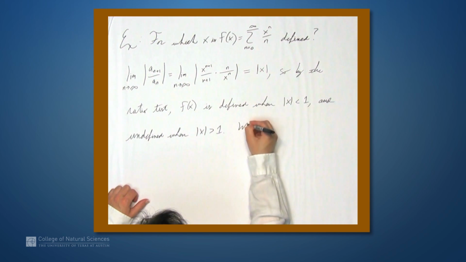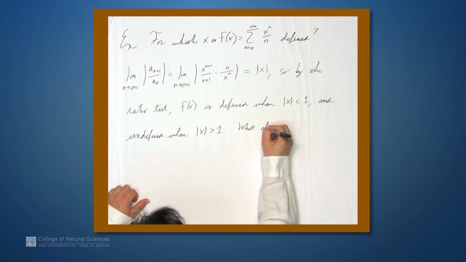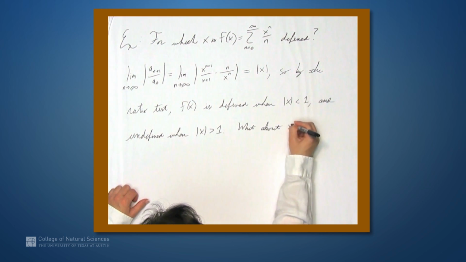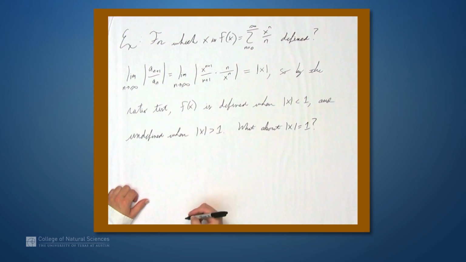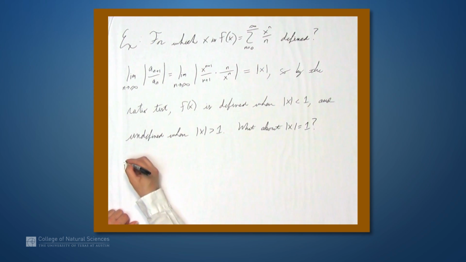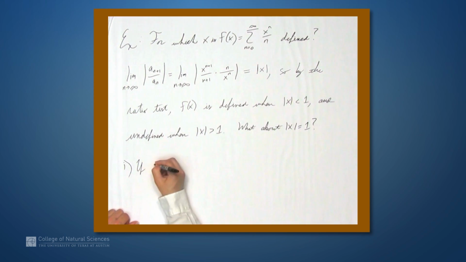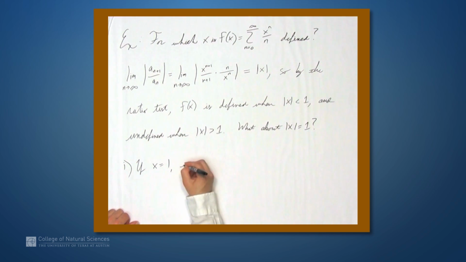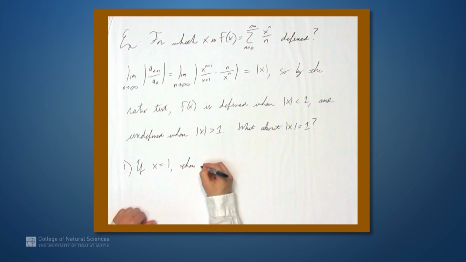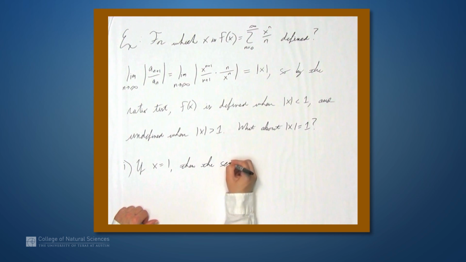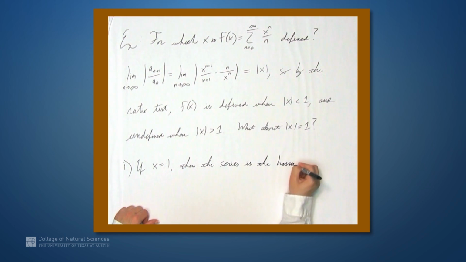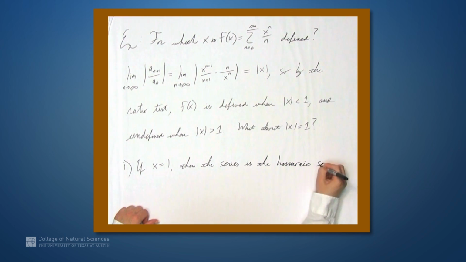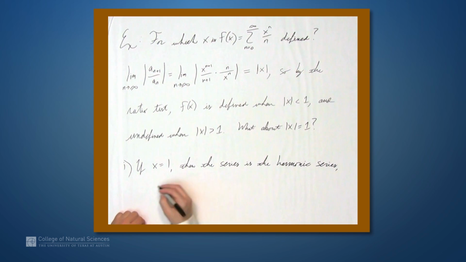But what about absolute value of x equal to 1? Well, we get two more cases. Case 1, if x equals 1, then this series is the harmonic series. And that diverges.